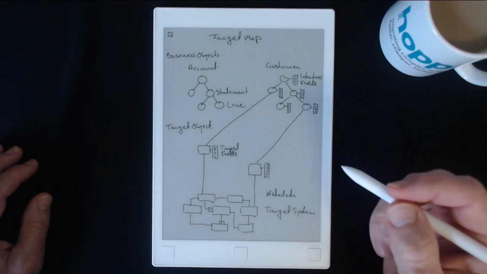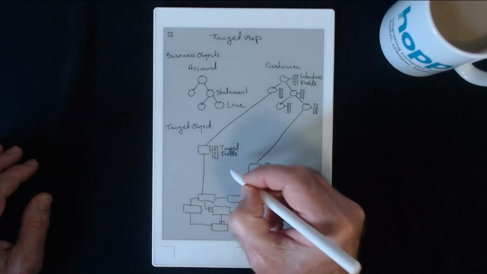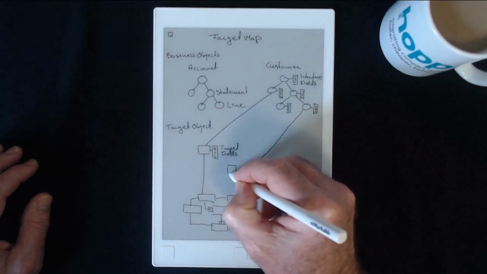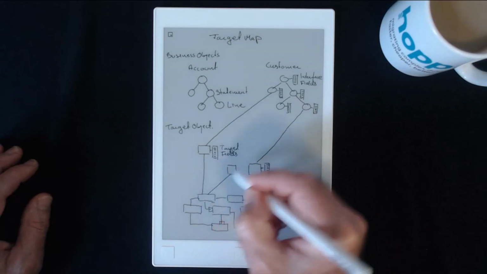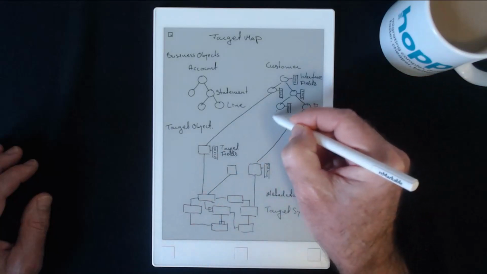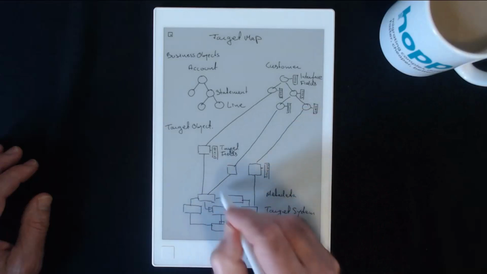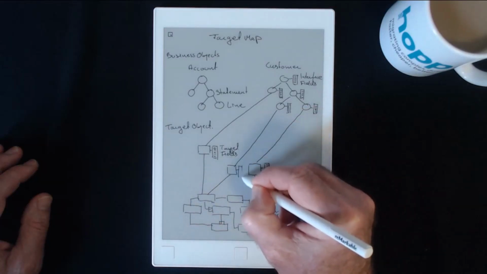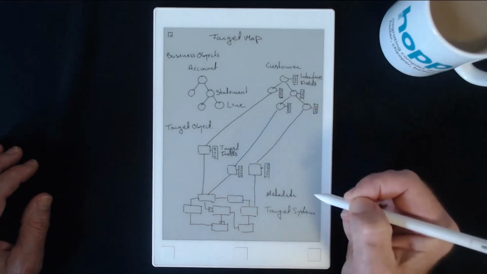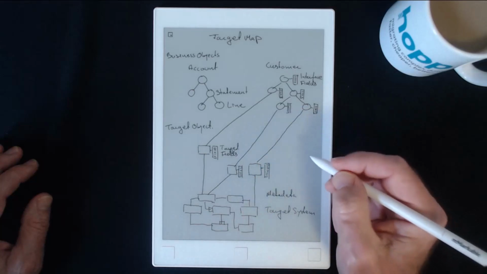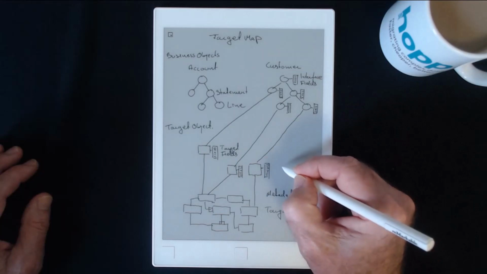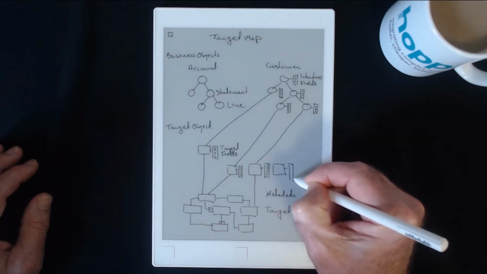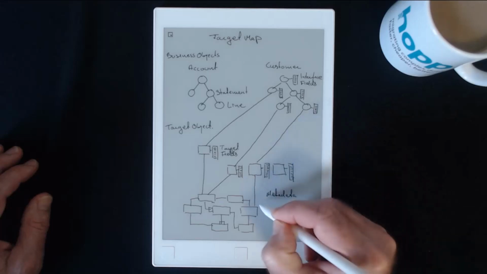You could also have an instance where another business object is going to deliver a row to the same table, like this one. So now we have two different business objects delivering a row to the same structure or table in the target system. Nothing wrong with that. Or you might have a situation where the same business object is going to deliver two different rows to the same structure.